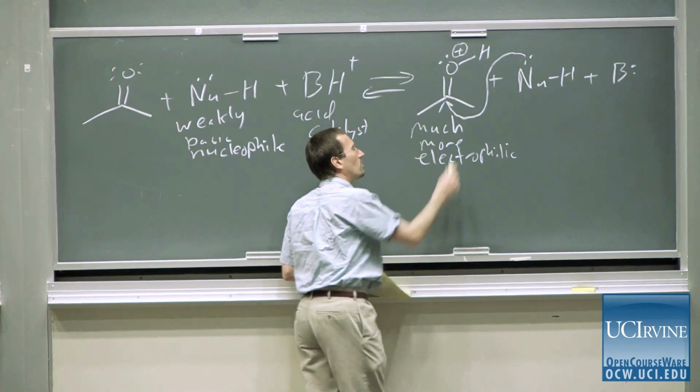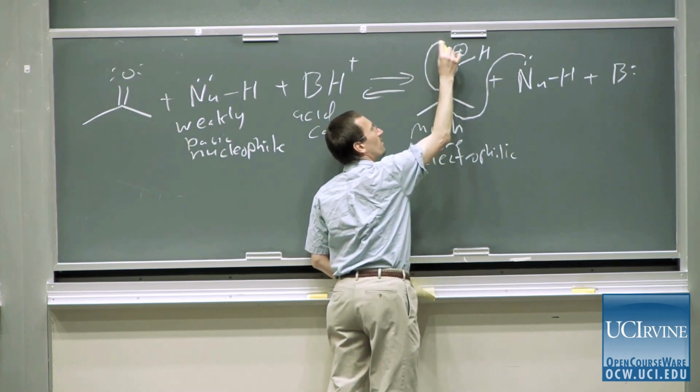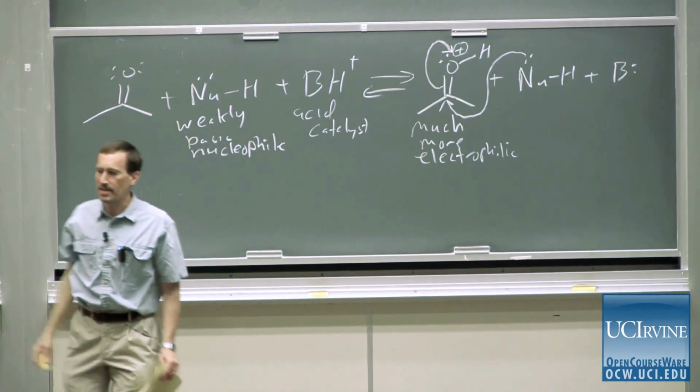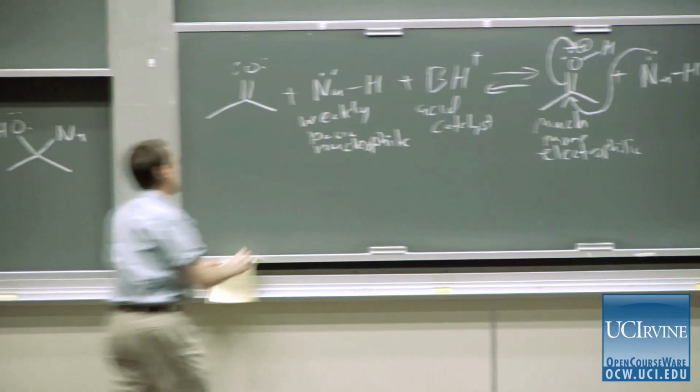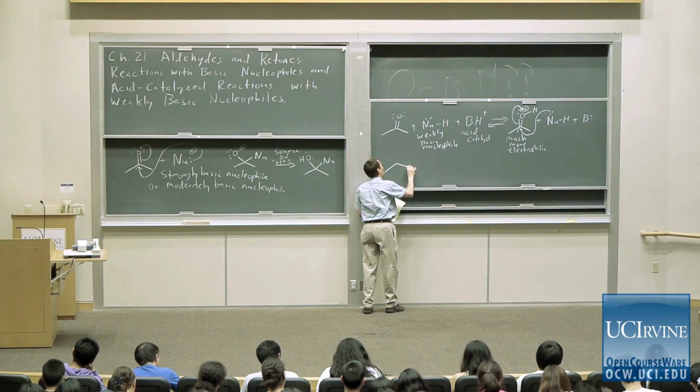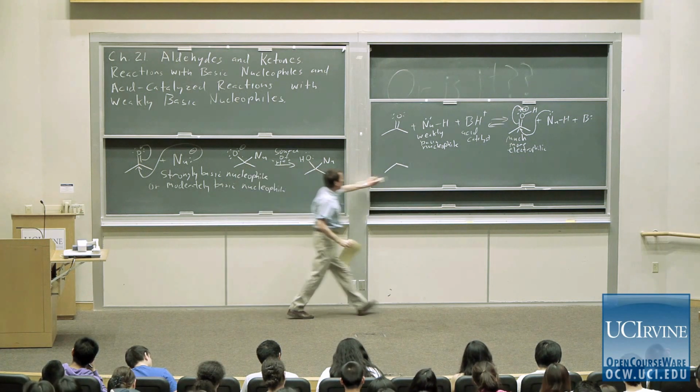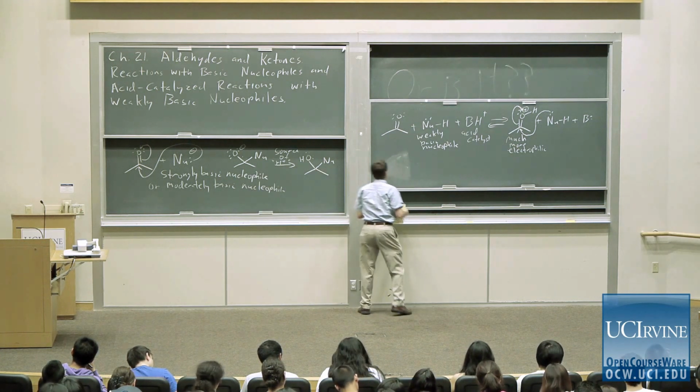So as electrons are flowing from the nucleophile, we're putting electrons up onto the oxygen atom. And at this point now, we have our tetrahedral species, but it's already protonated.